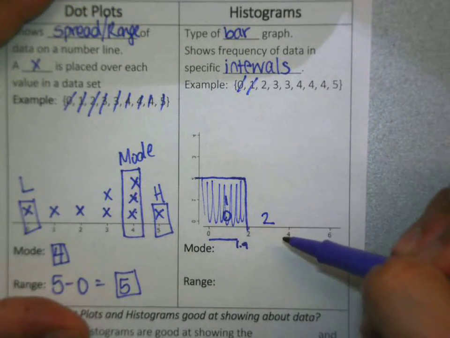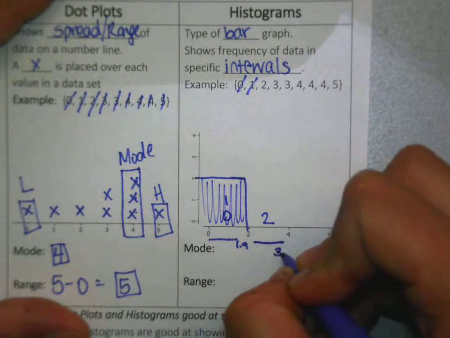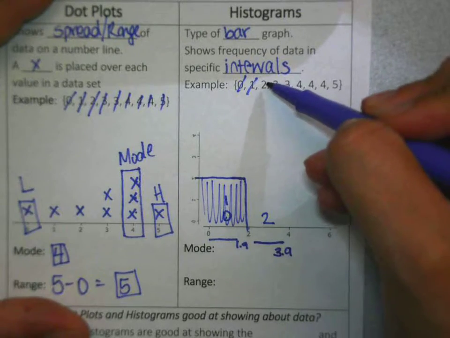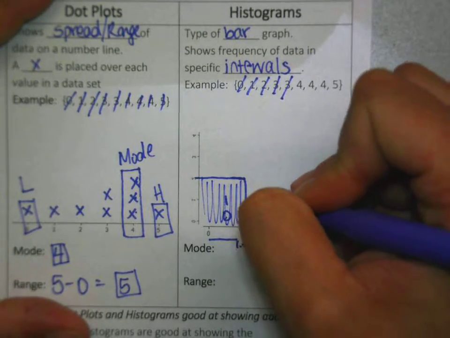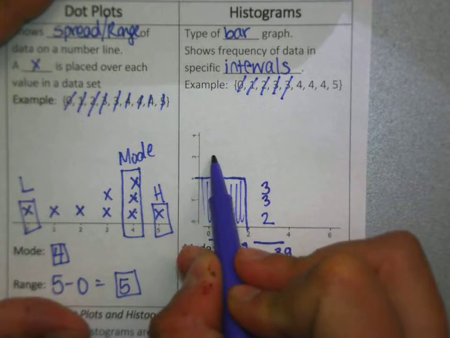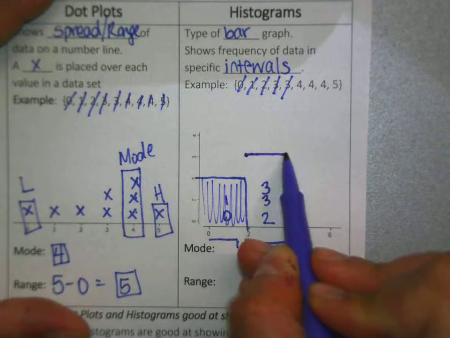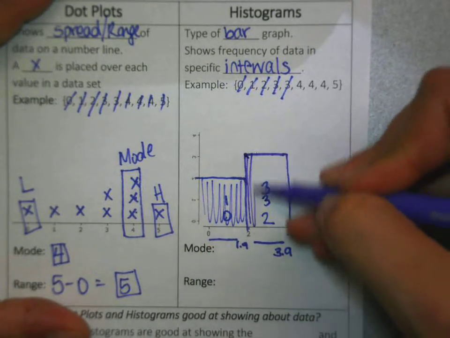So in between 2 and 4, or technically 2 to 3.9, I'm going to put the number 2, 3, and 3. That's 3 numbers total, 2, 3, and 3. So that means I'm going to go up to my y-axis, I'm going to find 3, and that is how high my graph is going to go because of there being 3 numbers.